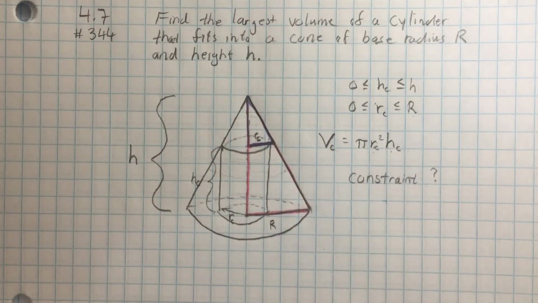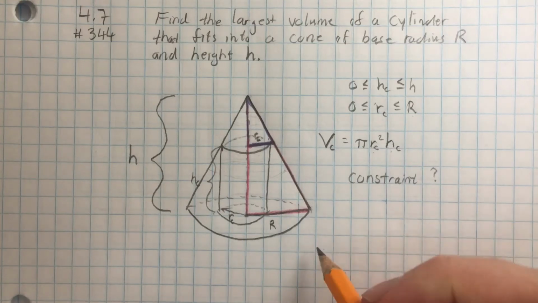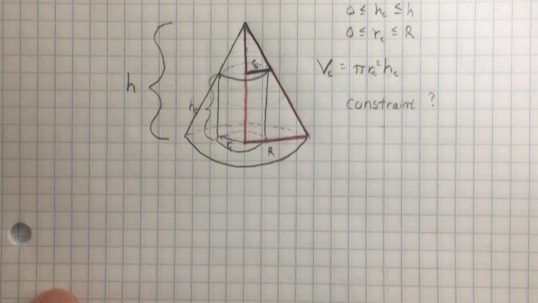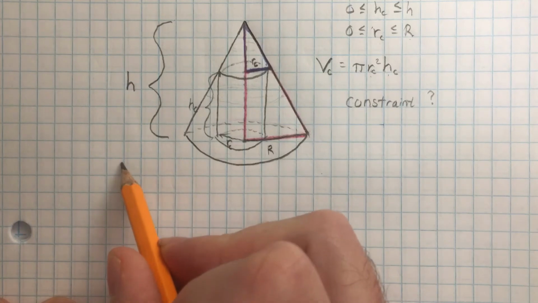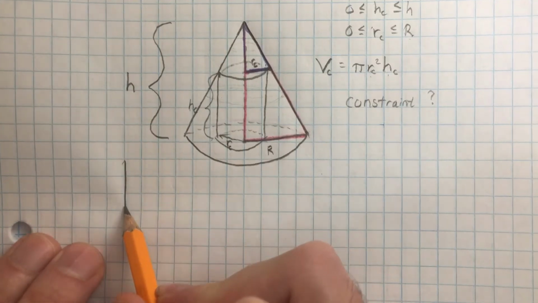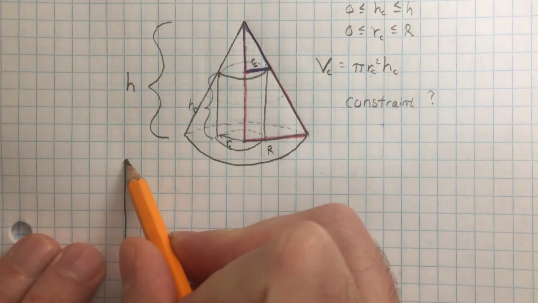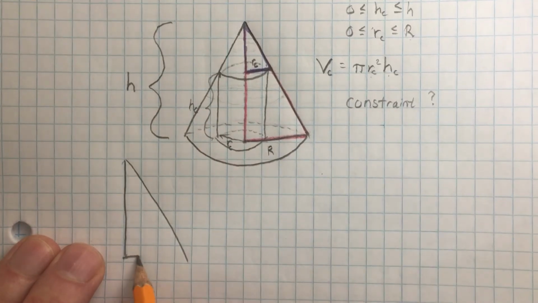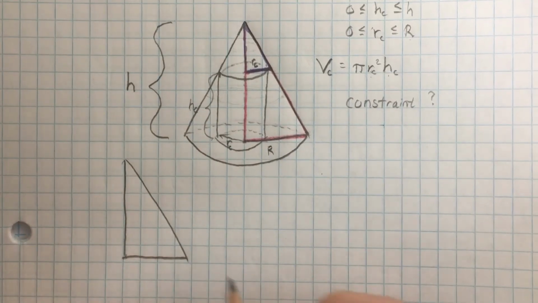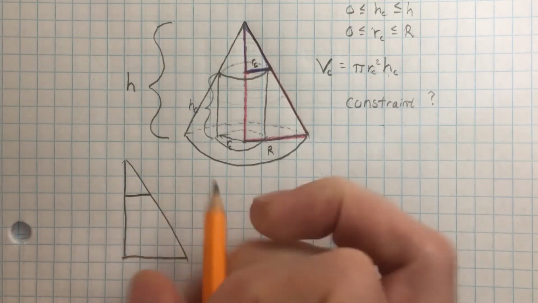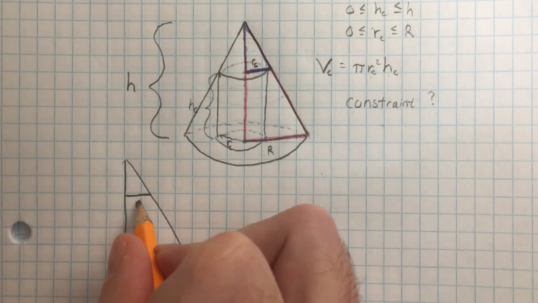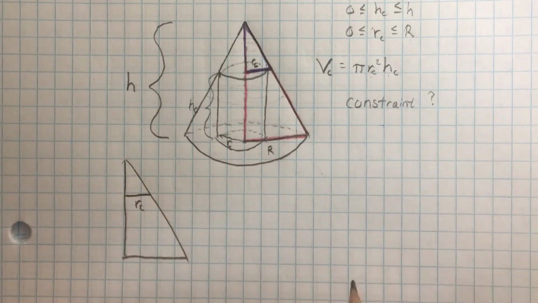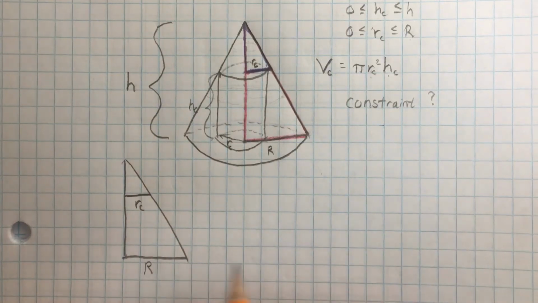So let's take this triangle out of context for a moment and see if we can come up with a constraint. If I redraw the triangle, at least something that looks kind of like it, that's quite sufficient for me. There. So we know that this is radius of cylinder. We know that this is radius of cone.